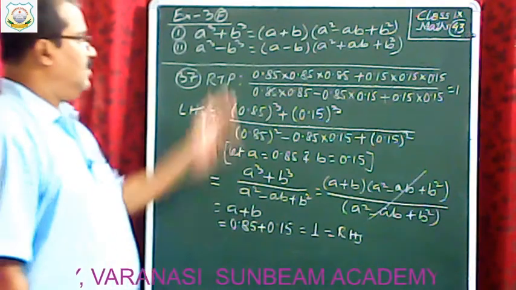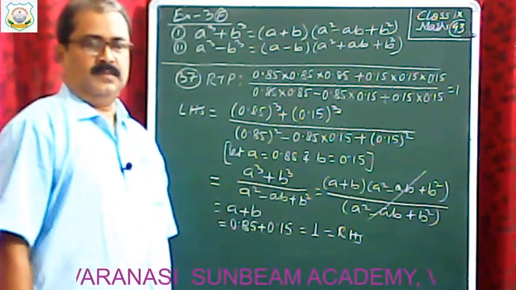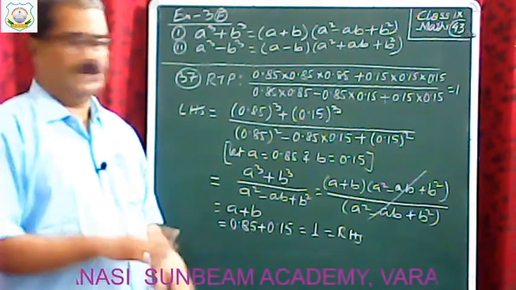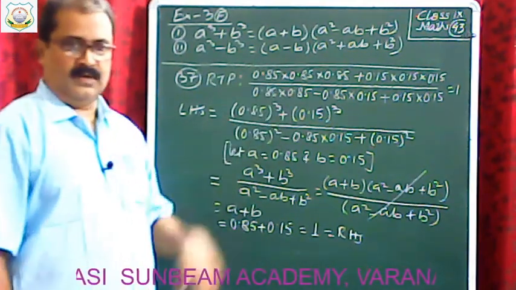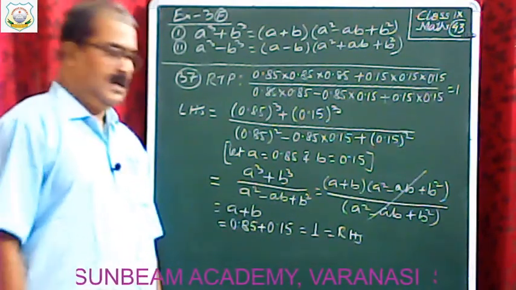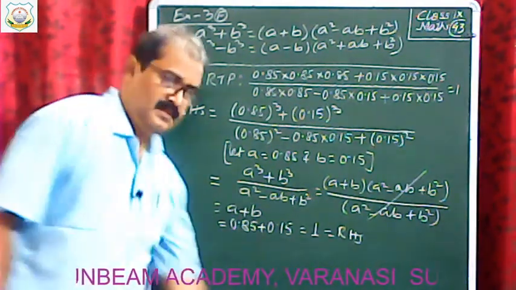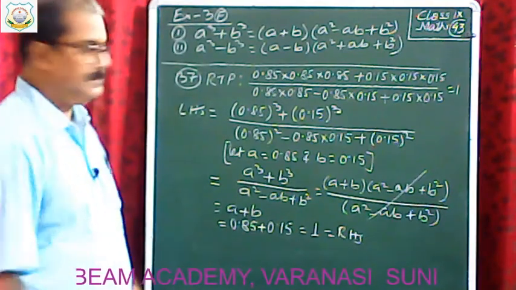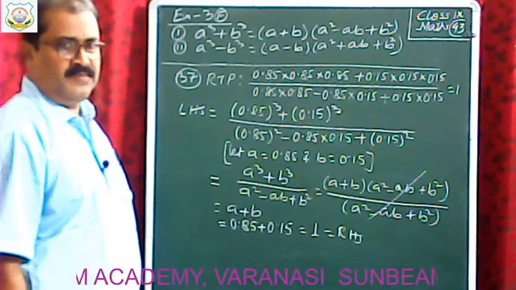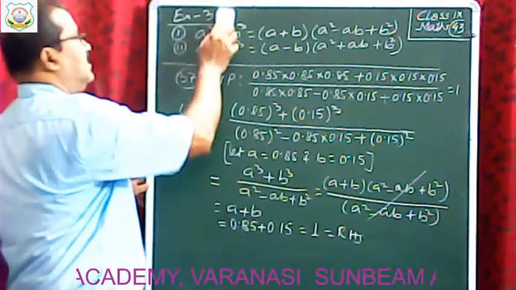So do not calculate by multiplying 0.85 by 0.85 again and again, we would require 1 hour to solve this. Okay. So using identity, we have to proceed. Clear? So these are the good questions of exercise 3F. Now proceed for next exercise.